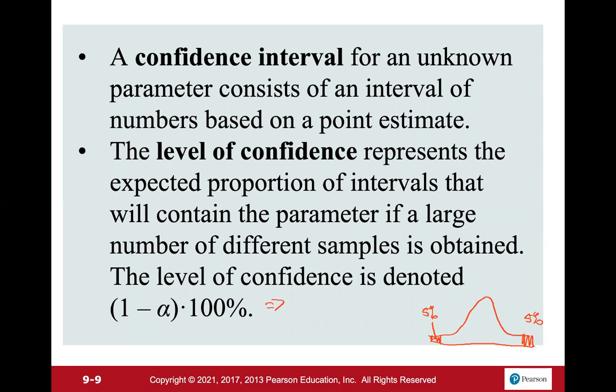So in the middle, we would have that middle 90%. We add those two 5% tails, the left area and the right area, and subtracting that from 100, we would get 90%. So that's all that we have there.